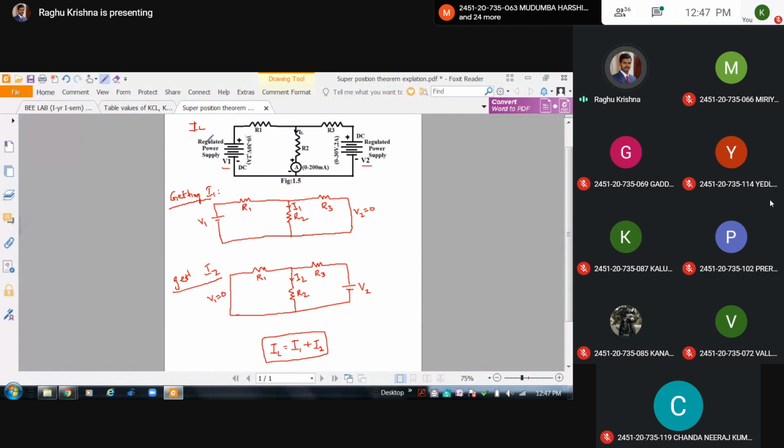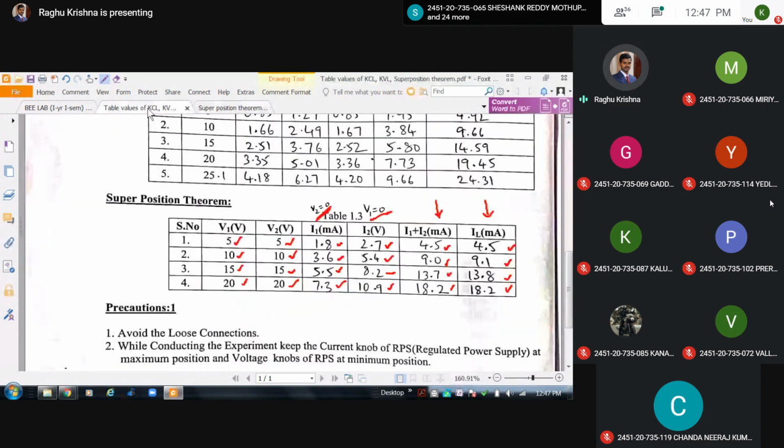So you are going to note down in the table I1, I2, IL. If you do I1 plus I2, this will be equal to IL.